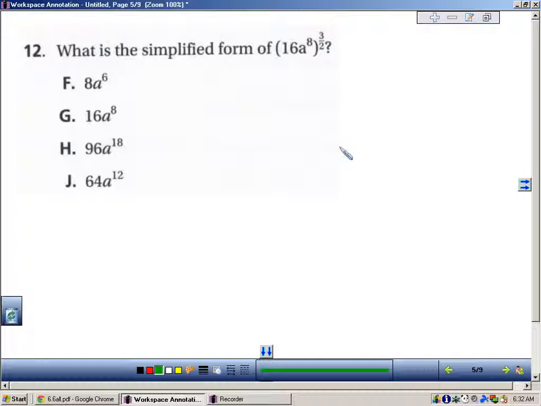What is a simplified form of this expression? All right, so we have to distribute the power. Remember, when you raise a power to a power, you've got to multiply through. So let's rewrite this expression. Now, I also remember that anytime I have a number and I'm dealing with powers that are in fractional form, I always want to write that number in its power form.